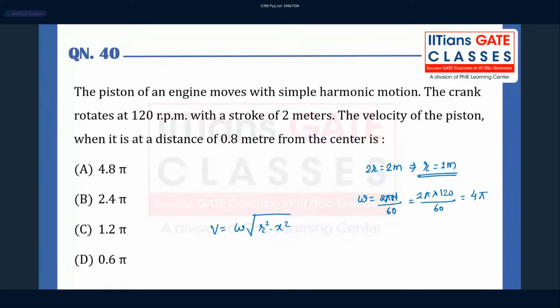Then using this formula, we get 4 pi under root of 1 square minus 0.8 square, as r is 1. If we solve this, we'll end up with 2.4 times pi. Hence option B is correct in this case.